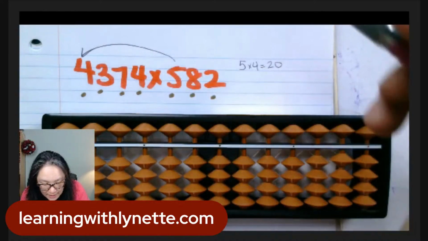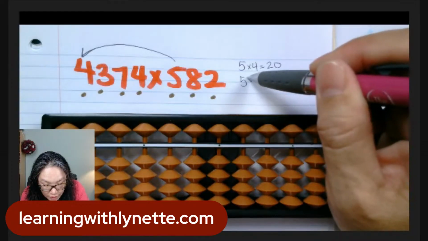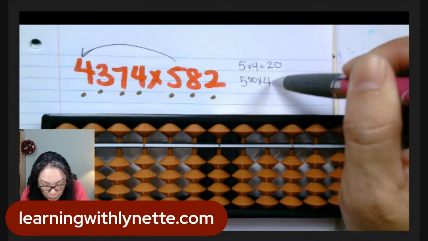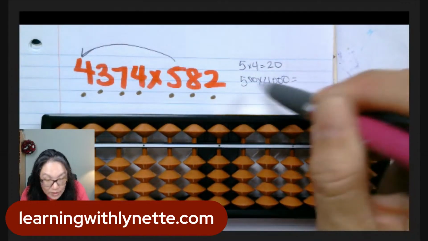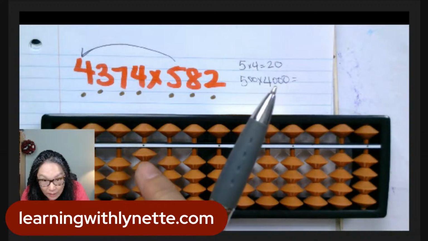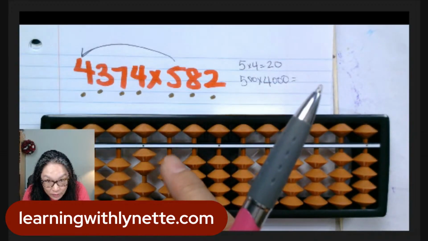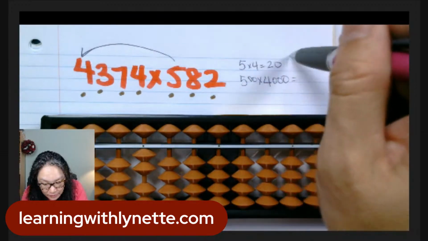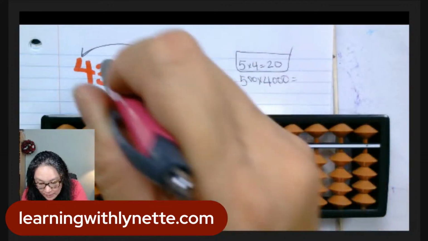We are not going to say 500 times 4,000, because it gets confusing really quick. That's why we have the rules to help us understand. I'm going to add 20. I'm going to add 2. I'm going to have my 0. So I'm done with this, right? Now I go to here.